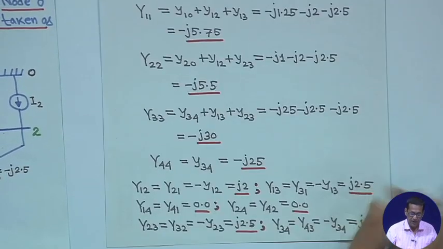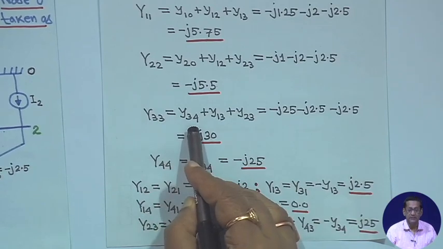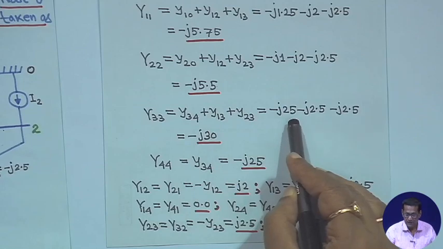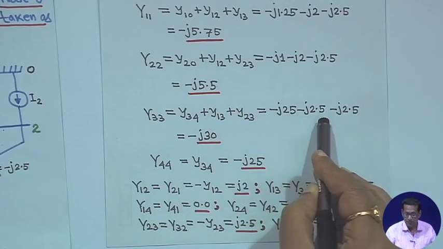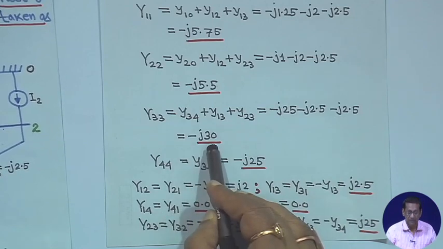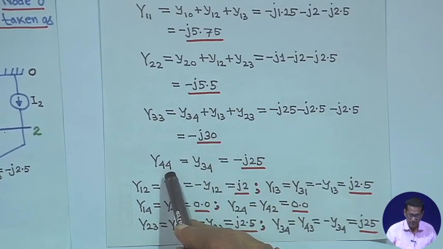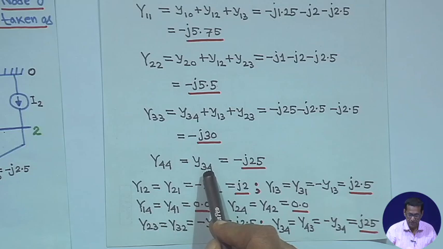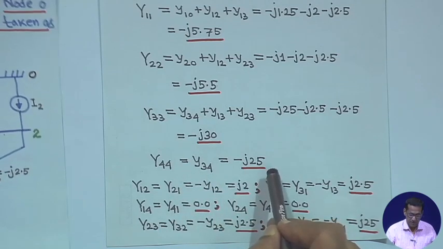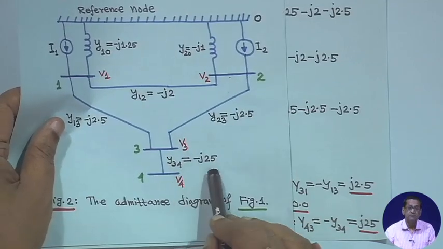Similarly, capital Y33 is small y34 plus small y13 plus small y23, that is minus j25, minus j2.5, minus j2.5, that is minus j30, right.